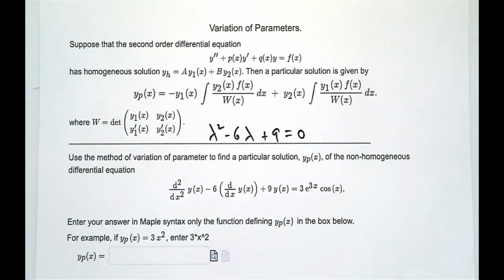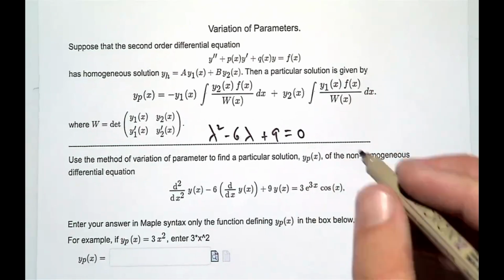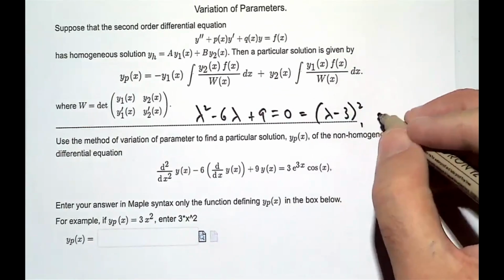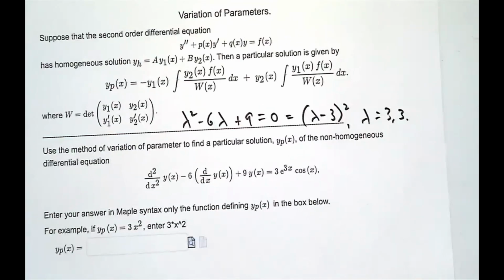So let's see if we can find lambda, and the form of lambda will tell us our parts to our homogeneous solution. So we can factorize that. In this one, we're going to get two repeated solutions, and they're both real.